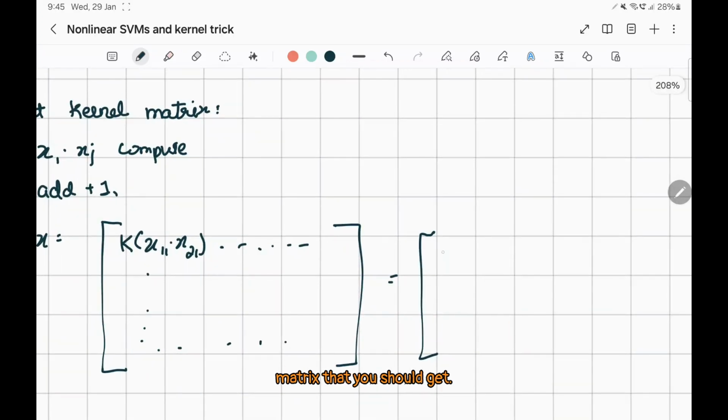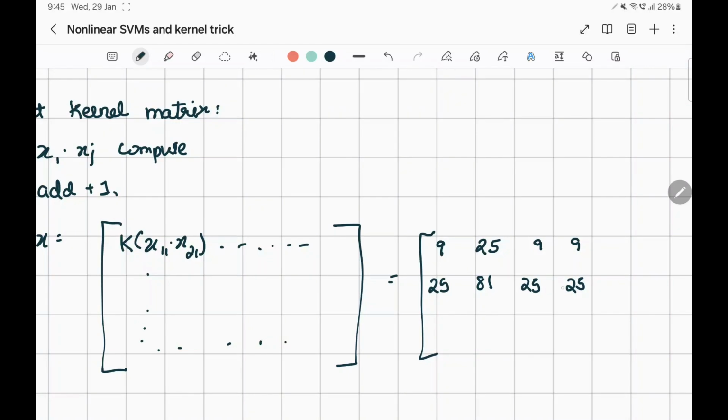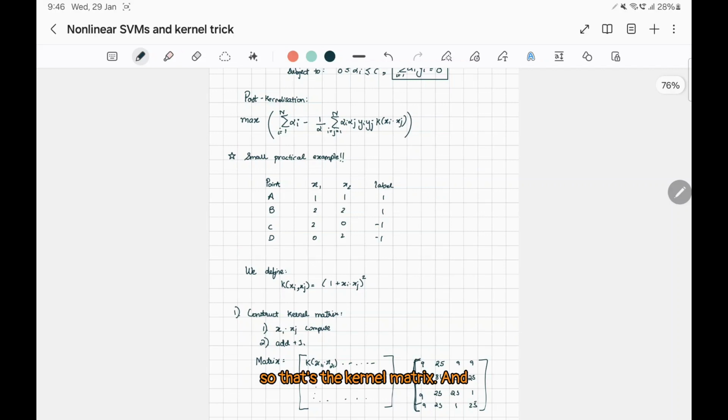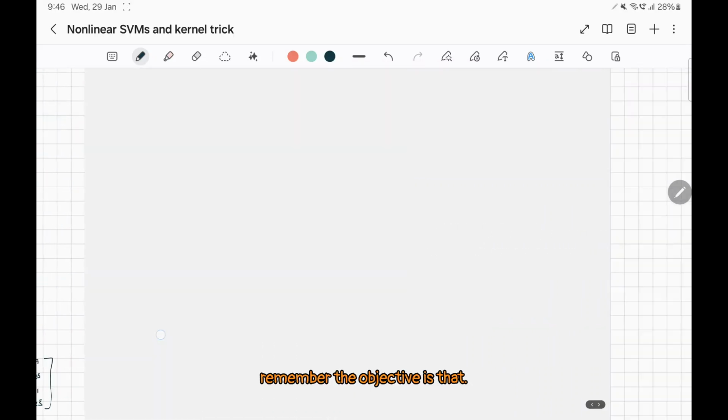And this is the final matrix that you should get. Awesome. So that's the kernel matrix.